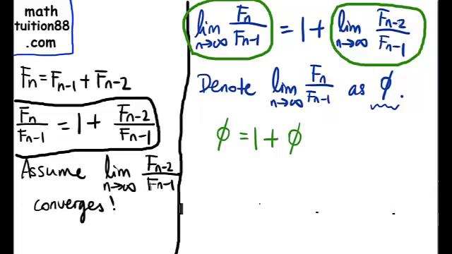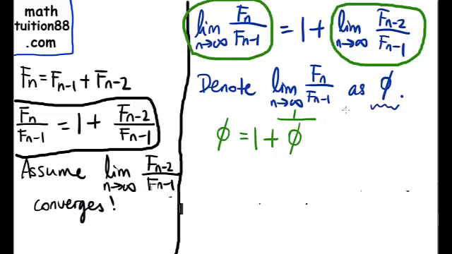And this is also a term divided by, oh sorry, this is not phi, this is 1 over phi. Because this is the reciprocal, each term divided by the term after it.